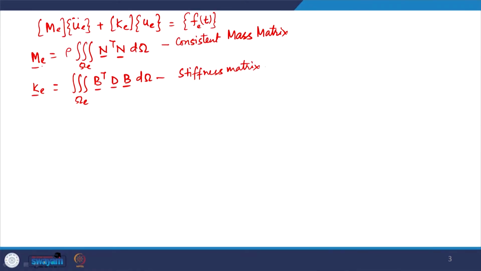And the element mass matrix is of course N transpose N. So, that is the consistent mass matrix, and using these we can have the basic constituents of any dynamic system.